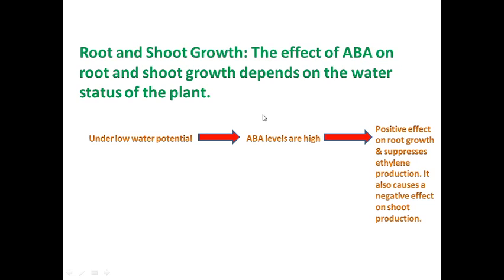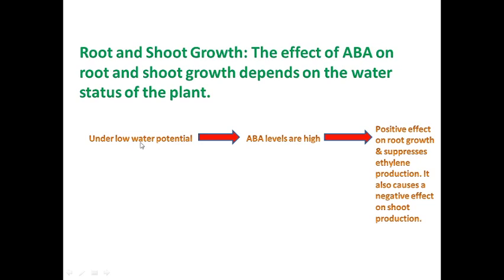Coming to the next: root and shoot growth. The effect of ABA on root and shoot growth depends upon the water status of the plant, like how much water is available to the plant. When a plant has low water potential, ABA levels become high.